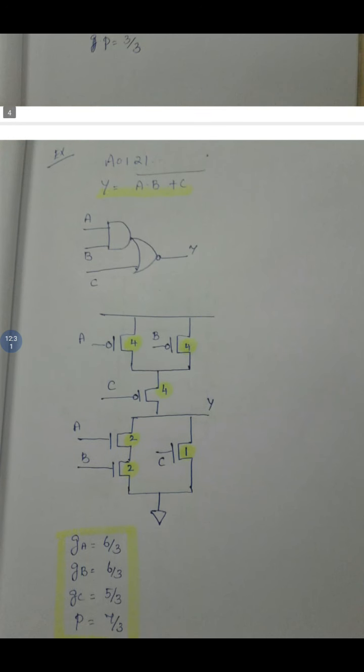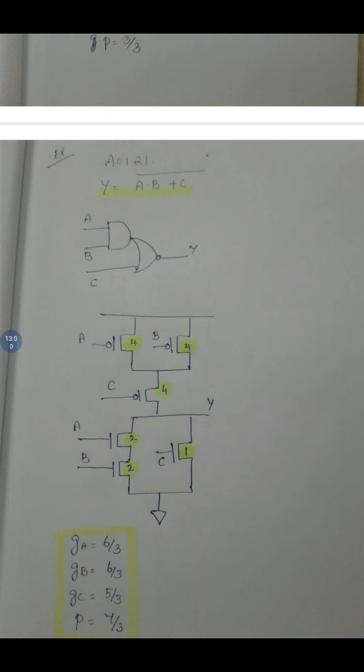So we know A dot B. When you find a function with A dot B, that means you have an AND gate. Whenever you are implementing a CMOS gate, you must clearly understand that first you have to finish the pull down network, that is the NMOS part. Once the NMOS part is complete, you just have to invert it and draw it for the PMOS component.